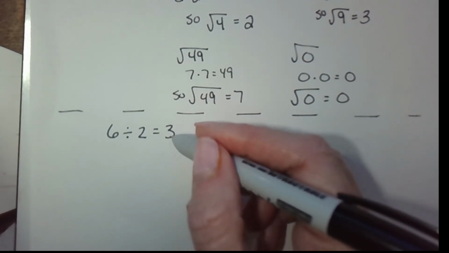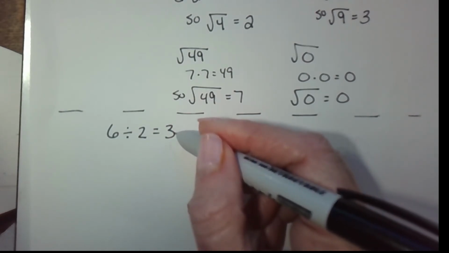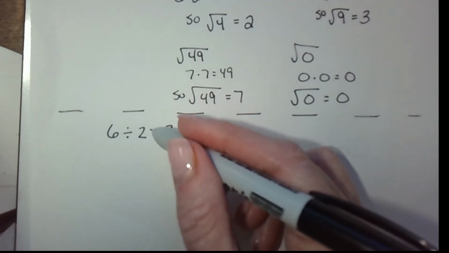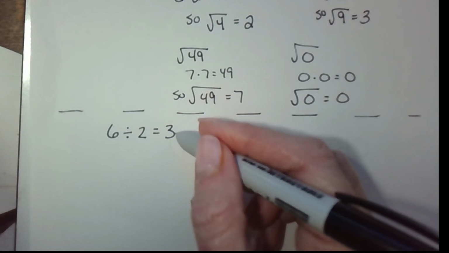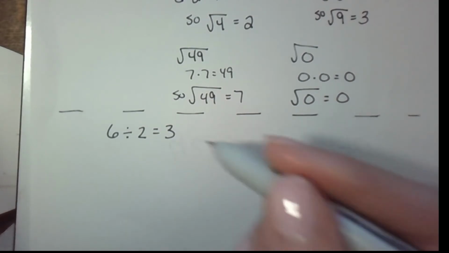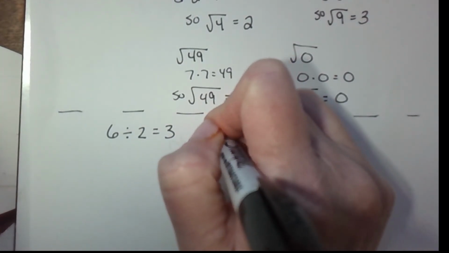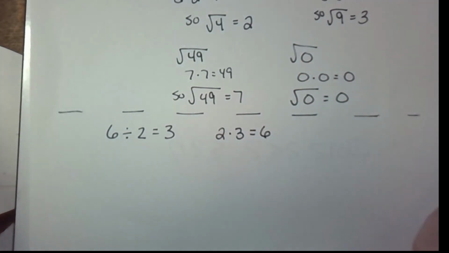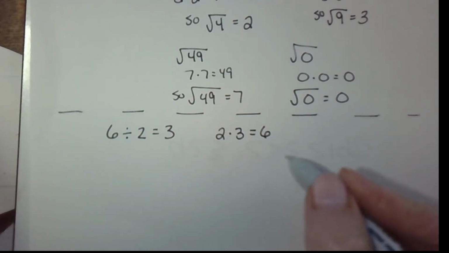Division is the opposite operation of multiplication, and it's actually defined by multiplication. So we say that 6 divided by 2 equals 3 if 2 times 3 equals 6. Well, that's true.